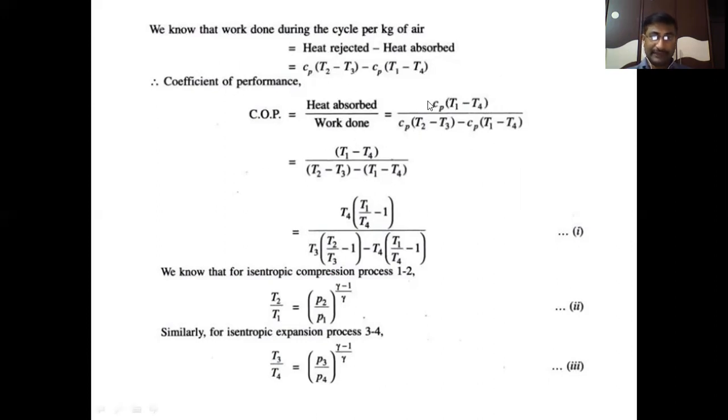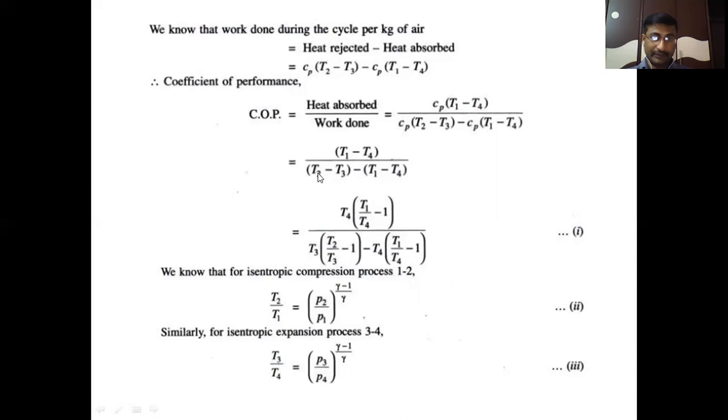Therefore, from this equation, (T1 minus T4) by (T2 minus T3 minus T1 minus T4), Cp can be cancelled. If we take T4 common from the numerator, we get T1 by T4 minus 1.